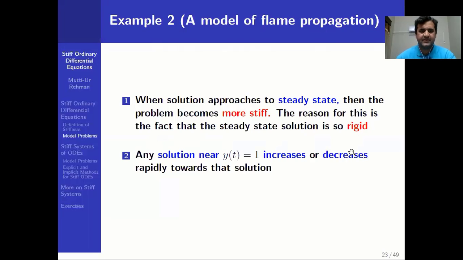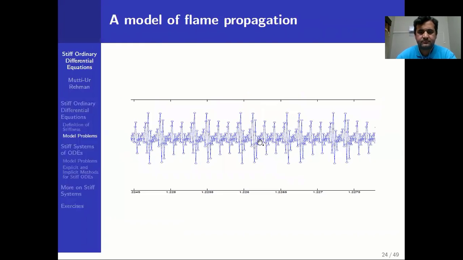Now, if you take this point where you got the steady state, and then you look at the solutions nearby to this point, of course, your solution will either increase or decrease rapidly towards your desired solution. So this is what I told you earlier, okay?